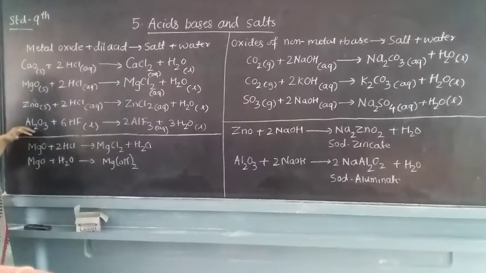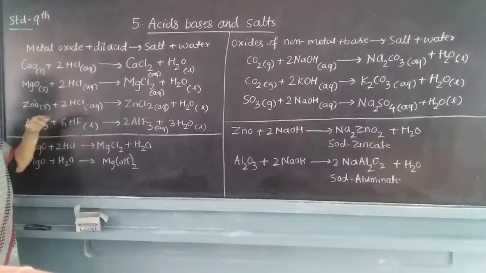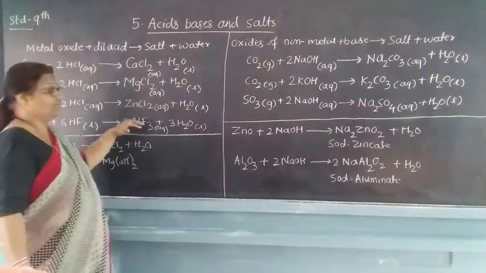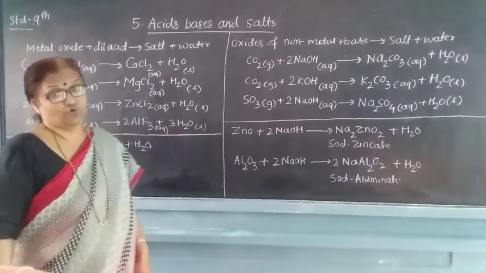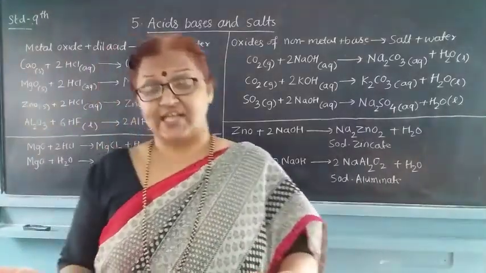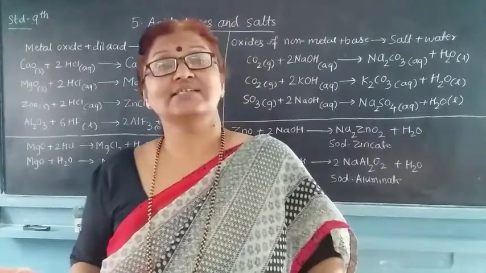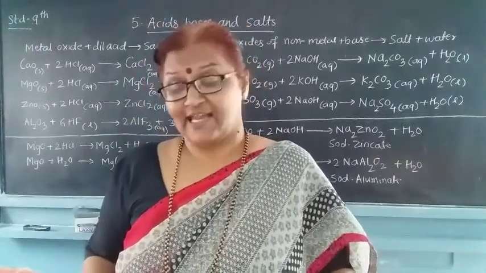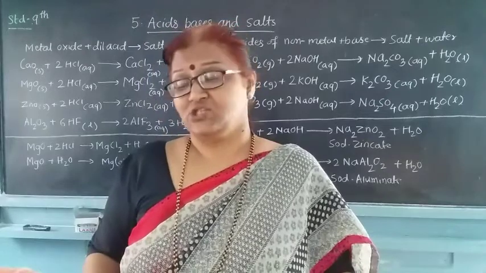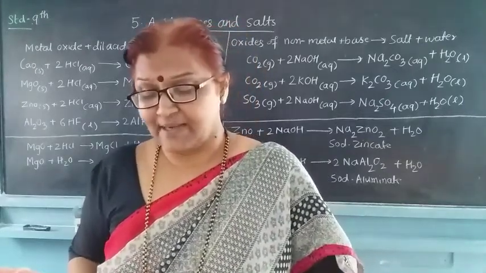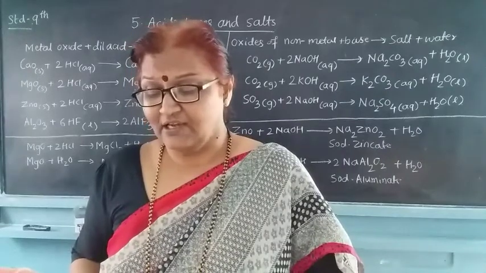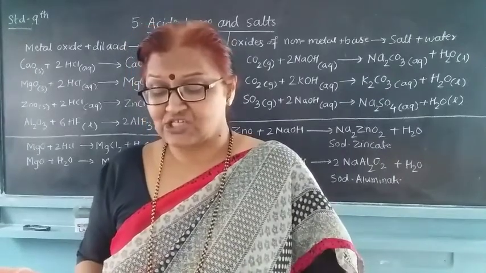See there, Al2O3, that is aluminium oxide, when it reacts with hydrogen fluoride gives aluminium fluoride plus H2O. So these are the reactions which tell us that a metal oxide when it reacts with a dilute acid gives us salt plus water.